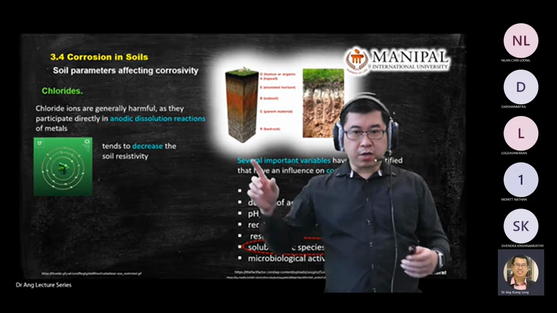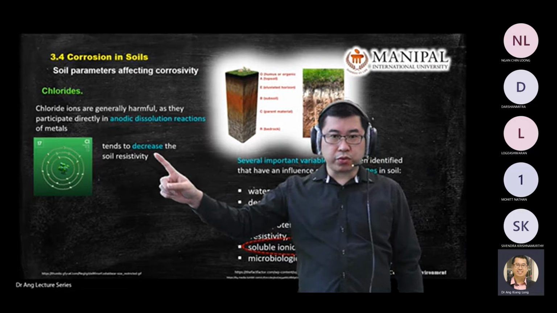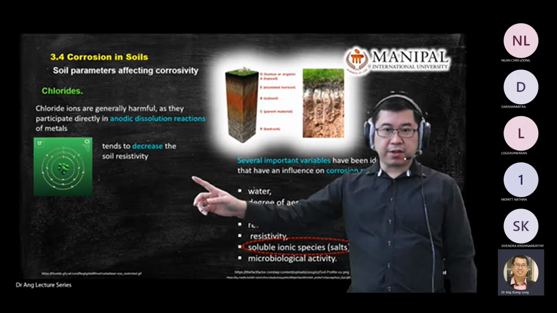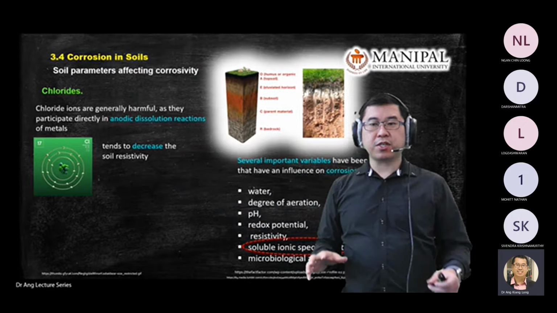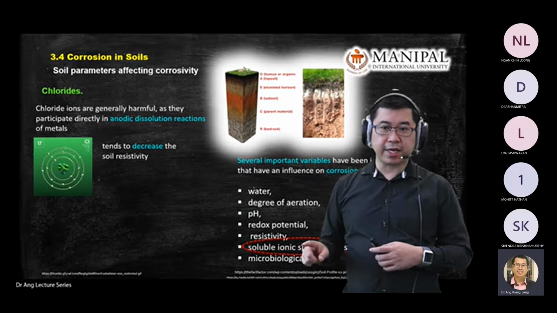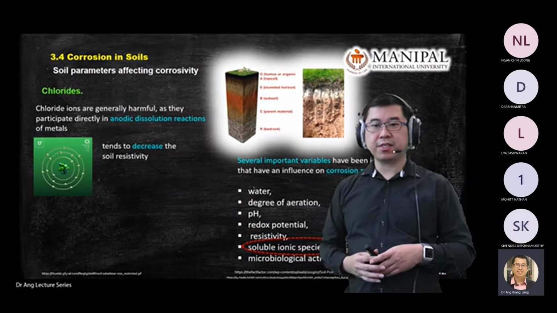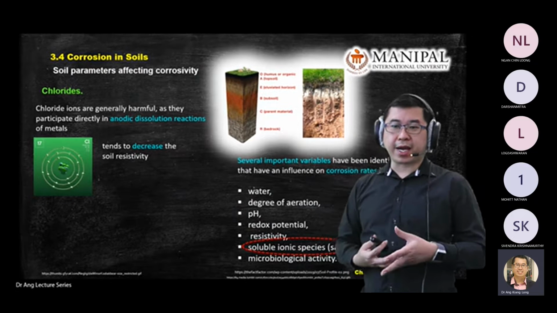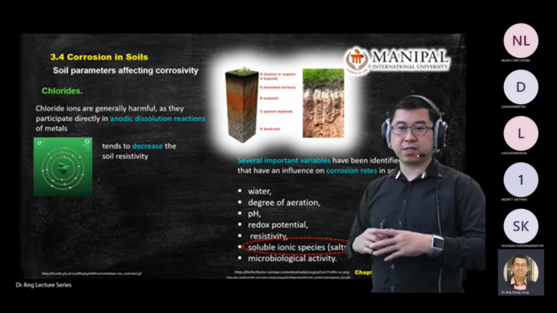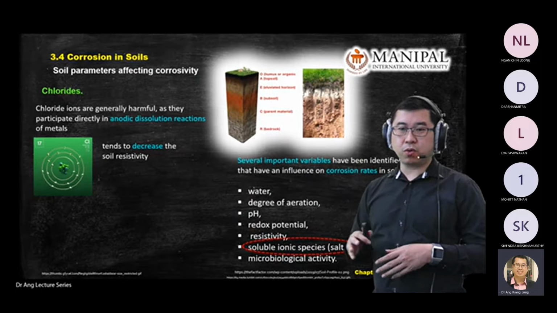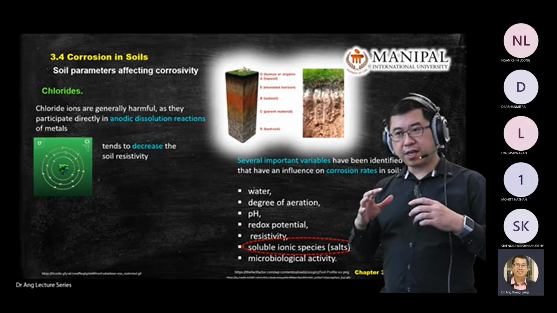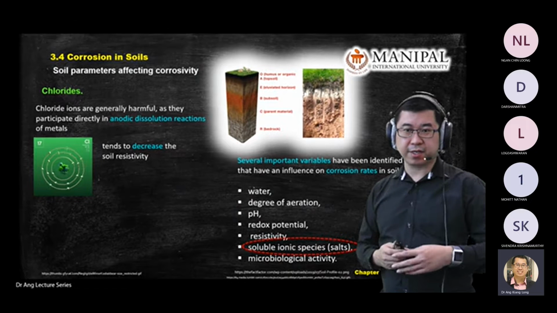Chlorides tend to reduce soil resistivity, meaning if you have higher chlorides, the soil corrodes more easily. Again, high resistivity means you are able to protect the parts or the metals and resist corrosion. Low resistivity means corrosion is allowed to happen at a faster rate.